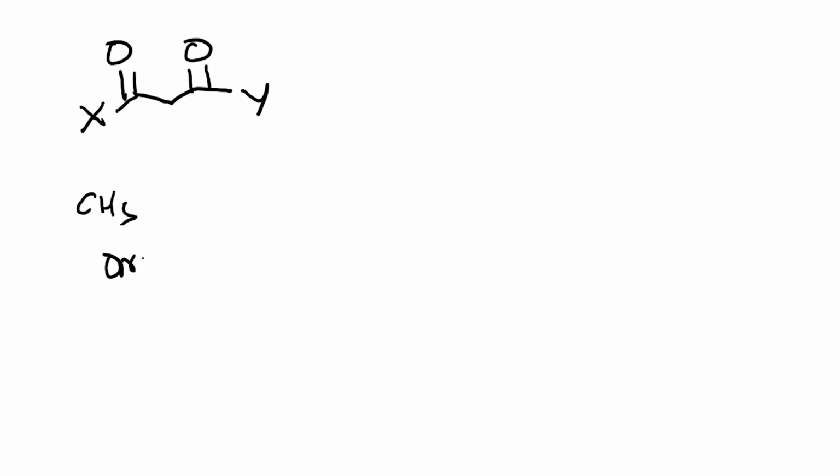The idea here is that both these types of specific enol equivalents have the general structure like this, where they can be X and Y. X can be methyl, OMe, and so on. Y can also be methyl, OMe, or OEt, or any of the other groups.